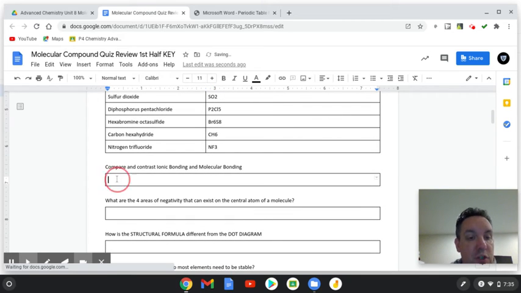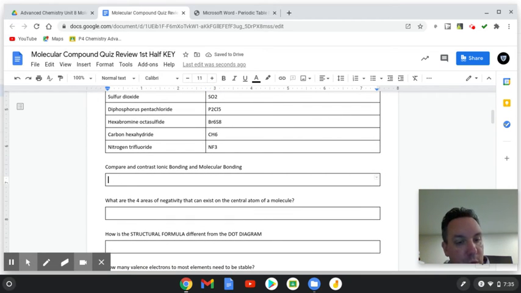Now, you definitely should be able to answer some multiple choice questions about ionic versus molecular bonding and the properties that exist of ionic versus molecular bonding. So remember, ionic bonding transfers electrons from one atom to the other.